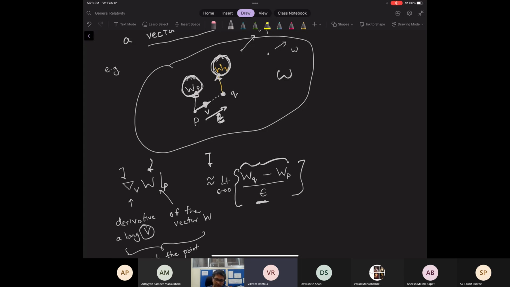So it's the derivative of the vector field W along the direction of the vector V. We're specifying one vector and taking the derivative of the vector field W at some specific point P. This is roughly how you think of defining the directional derivative of this vector field at a point P. It's important that you specify this direction.